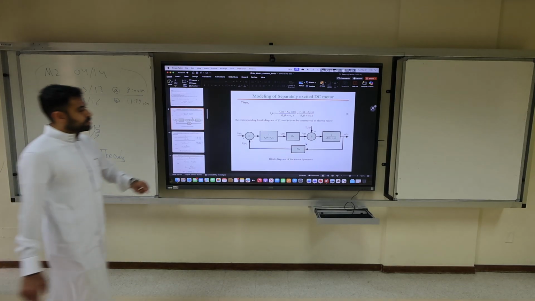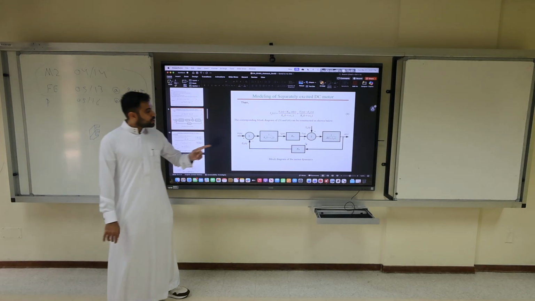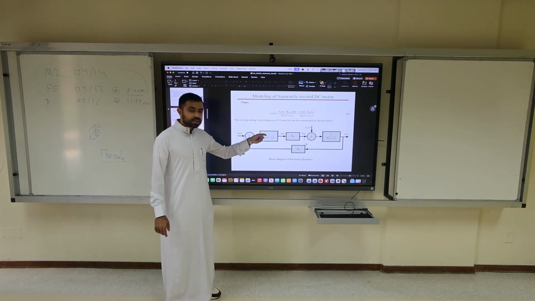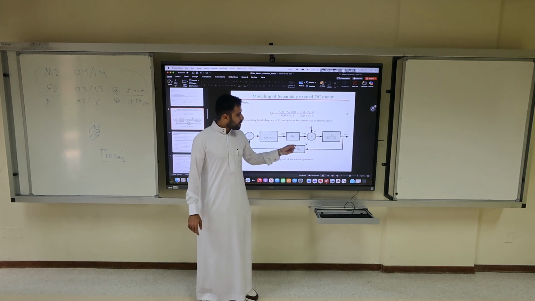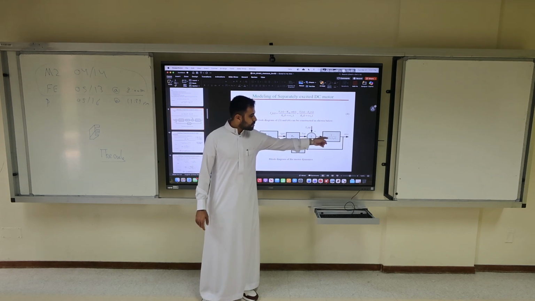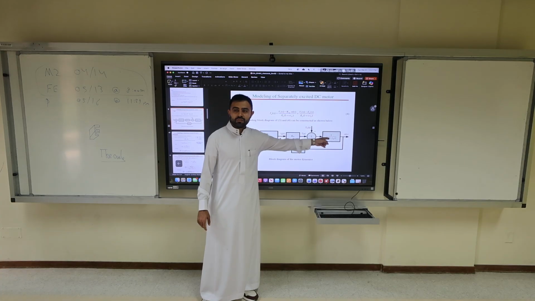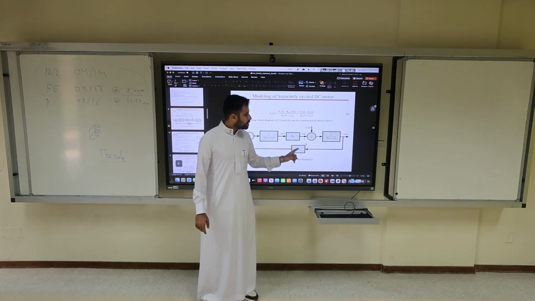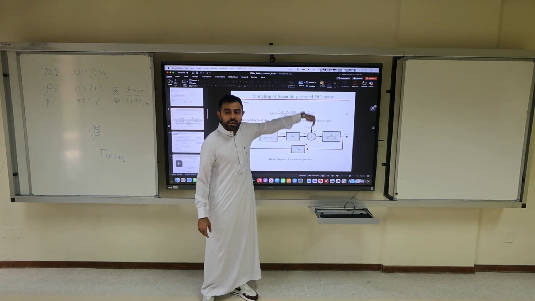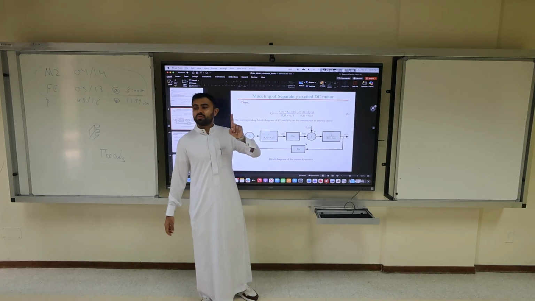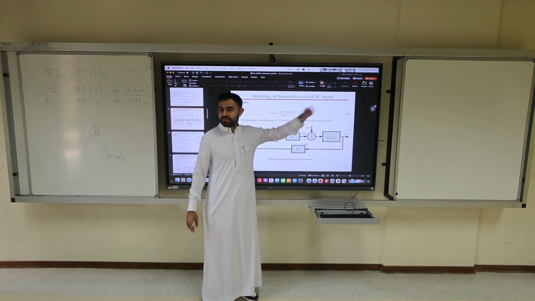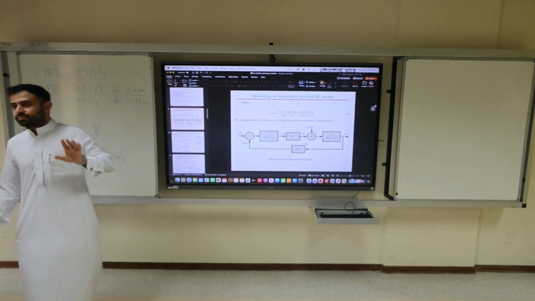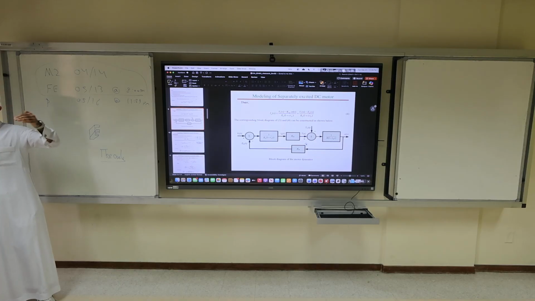You're going to fill this block, and this, and this. B will be 0. There will be no friction. And then the load model. So how many blocks do you need to fill? 1, 2, 3, 4, and then there is 1, 5. Nothing else. Then you run the simulation and write the report.